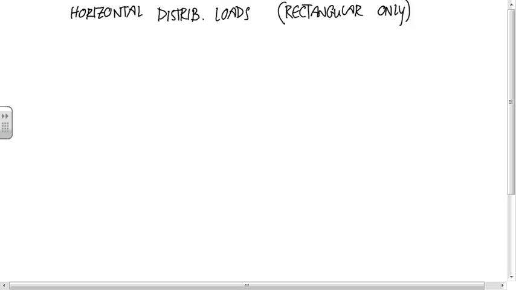The reason we're doing rectangular is because that's what represents weight. And weight is the big distributed load that comes up in every internal loads problem. Some problems it doesn't make much of a difference, but it's always there. So we're going to just learn how to deal with the weight of these members.